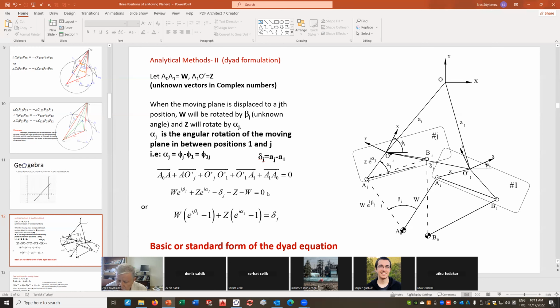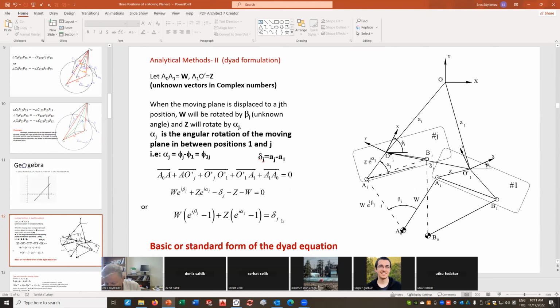I will combine terms: W (e to the i beta j minus 1) plus Z (e to the i alpha j minus 1) is equal to delta j. This is known as the basic form or standard form of the dyad equation.